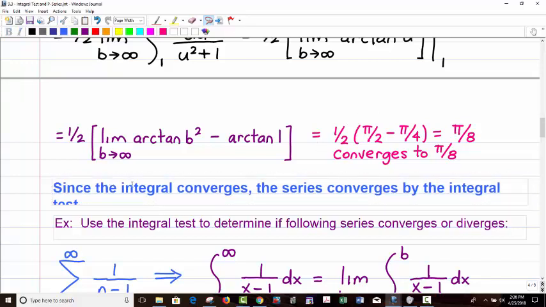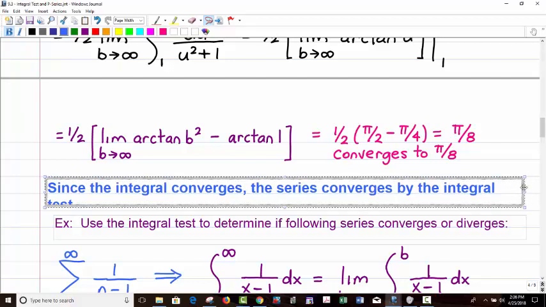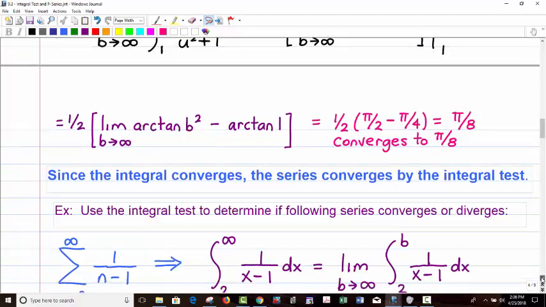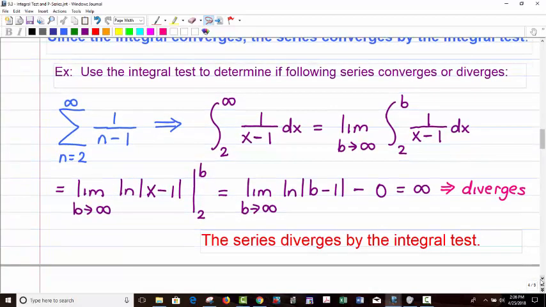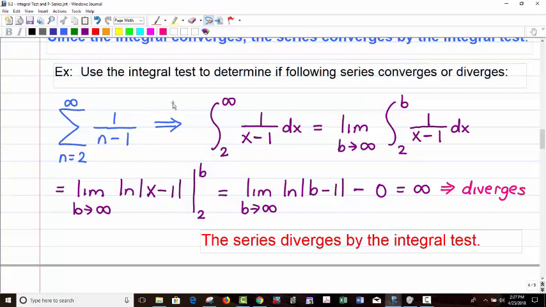All right. So next one, we're testing 1 over n minus 1. So 1 over n minus 1, we integrate that. That's a pretty straightforward integral. And there's how you rewrite it properly using the limit notation.